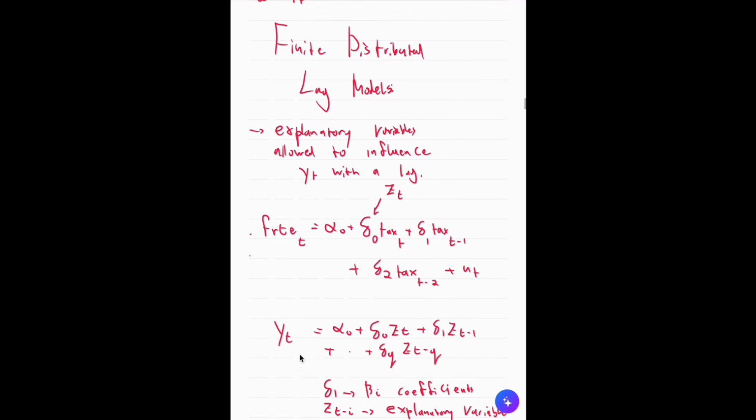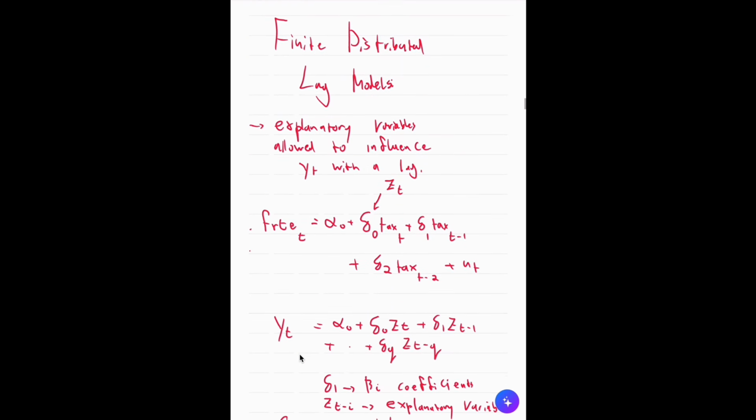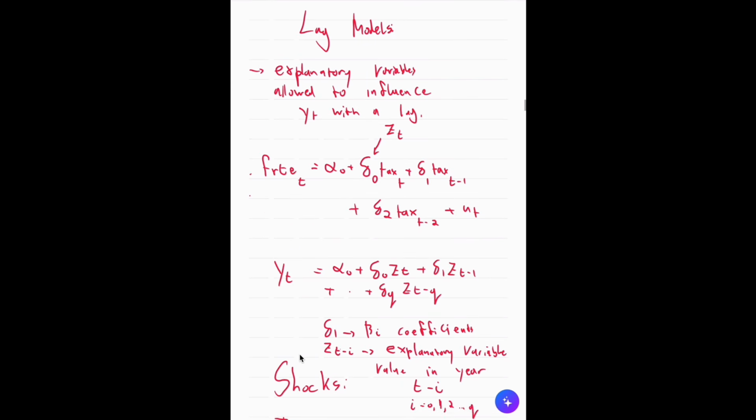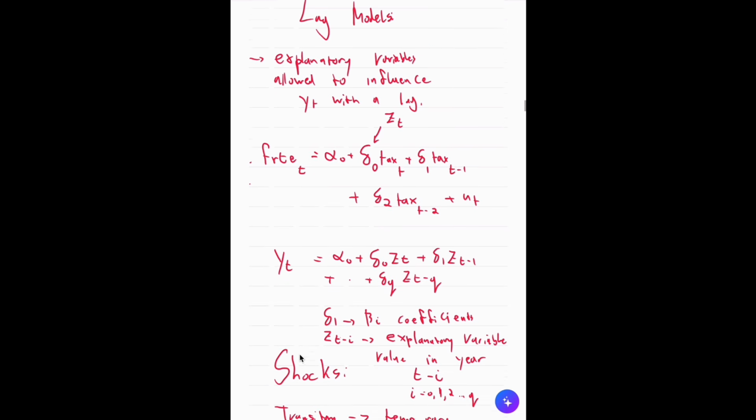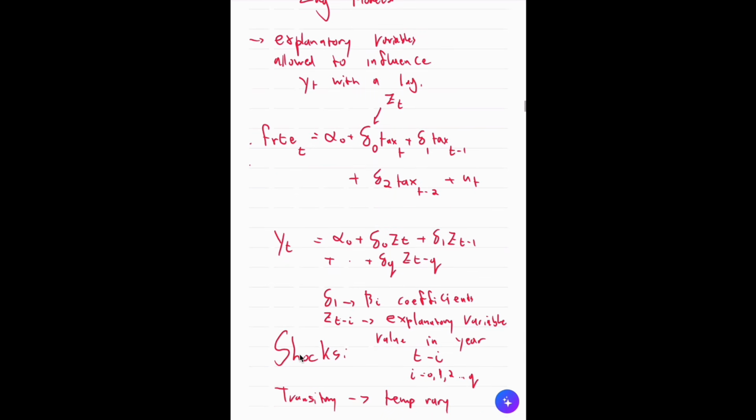Then finite distributed lag models, okay? So here we can say that the explanatory variable is allowed to influence the dependent variable in year T with a lag. So for example, the fertility rate in year T is equivalent to a constant plus a coefficient multiplied by the independent explanatory variable.